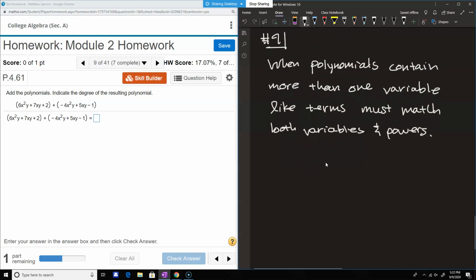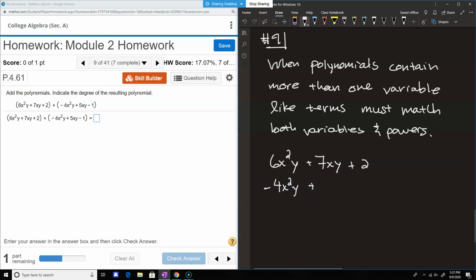So in this one, it's relatively straightforward. I have 6x squared y plus 7xy plus 2, and then I'm just going to write it down below. So the first one is actually a minus, so minus 4x squared y. So notice the x squared y matches, so that's a like term.